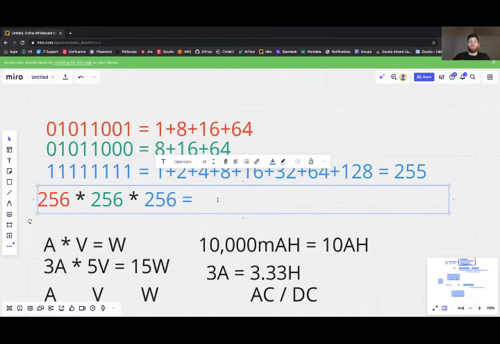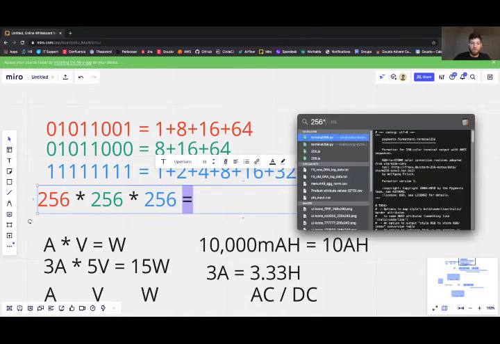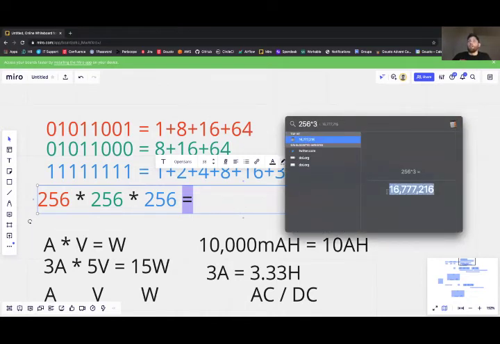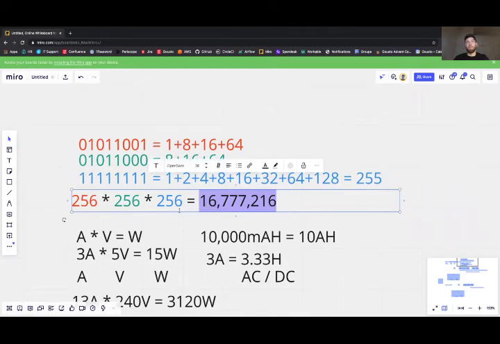That equals this number. That many possible different colors can be emitted from each of your LEDs.